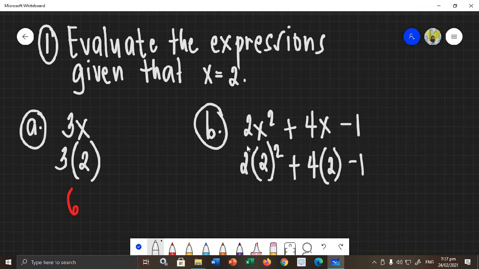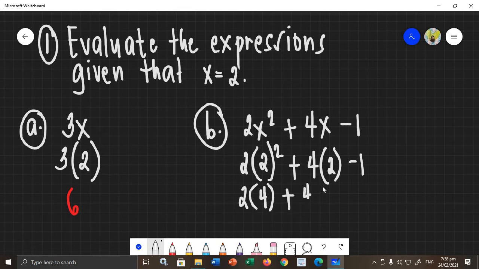Applying GEMDAS, groupings, exponent, multiplication, division, addition, subtraction, the first thing we do is the exponent. We simplify the expression in exponential form. So 2 squared is equal to 2 times 2, that is equal to 4.